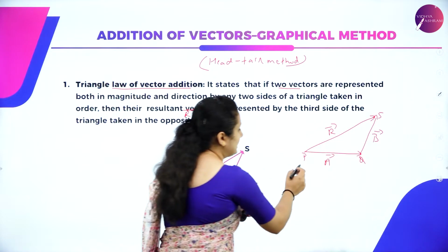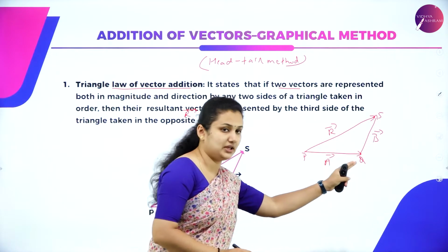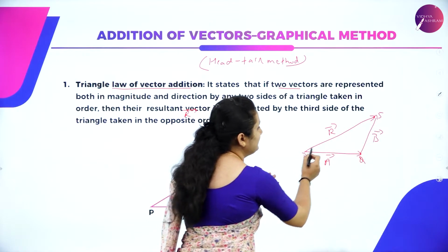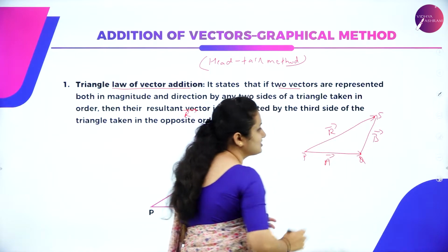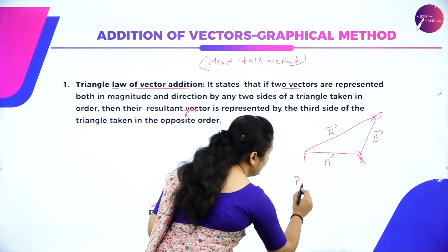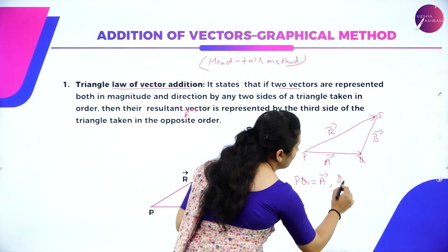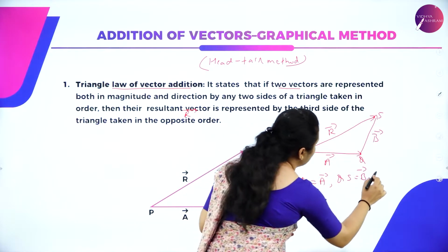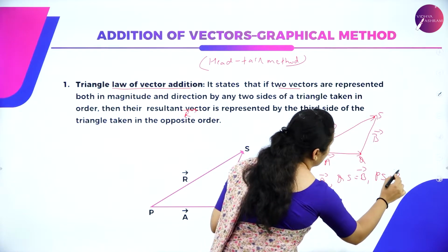So A vector represents the side PQ, B vector represents the side QS, and the third side, which is opposite to A and B, represents the resultant vector R. So PQ is equal to A vector, QS is equal to B vector, and PS is equal to R vector.